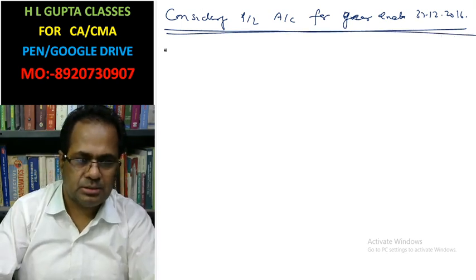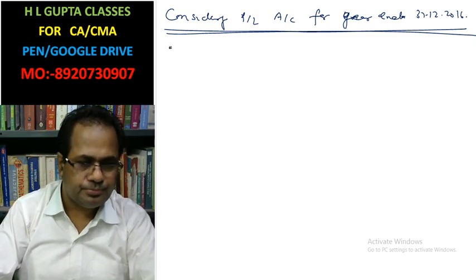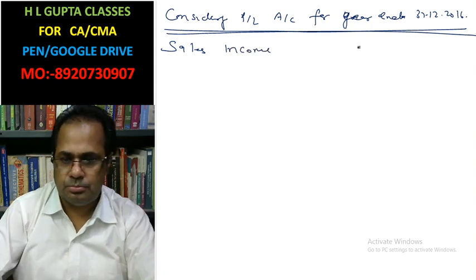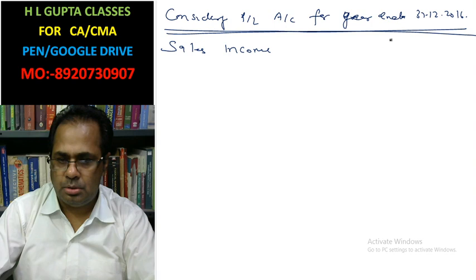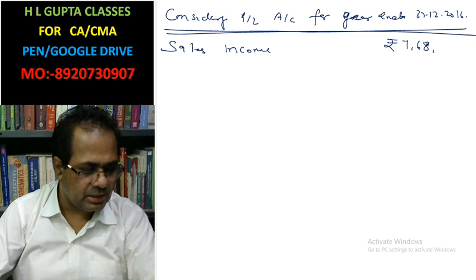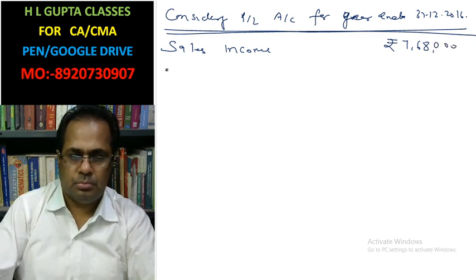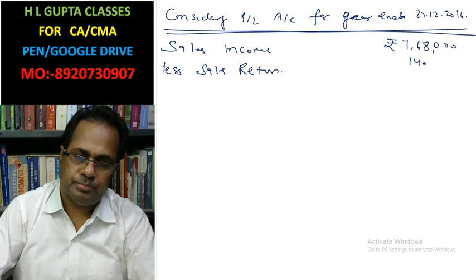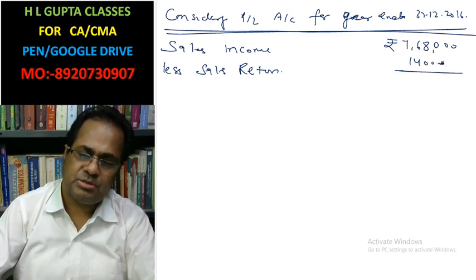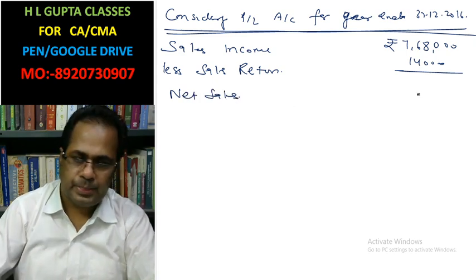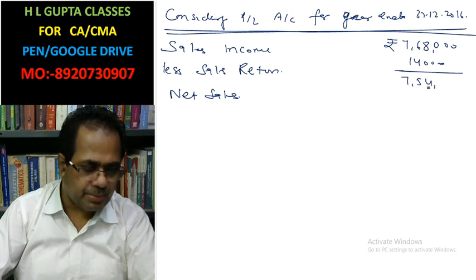In this case, sales income rupees 7,68,000. Sales return 14,000. Net sales, these all informations are given. Net sales 7,54,000.